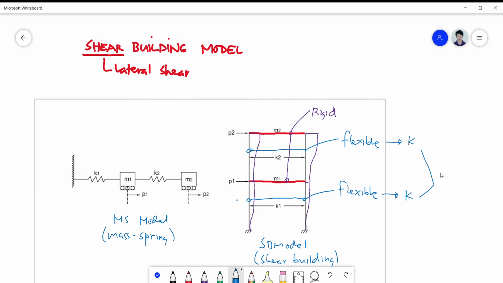So we have to assemble the stiffness in a manner so we can actually use the data for dynamic analysis.